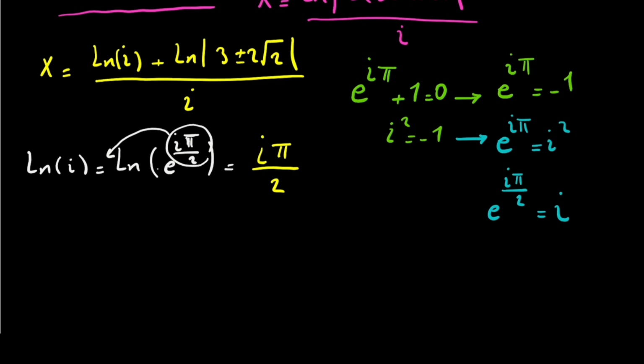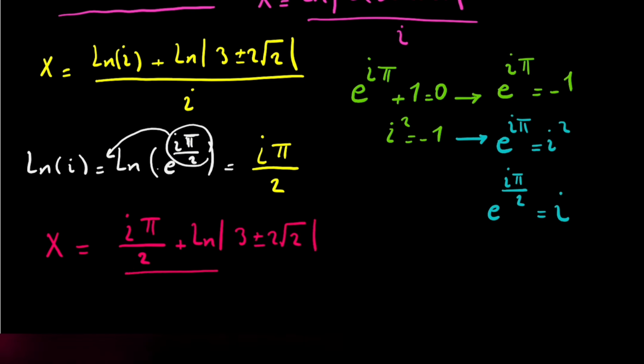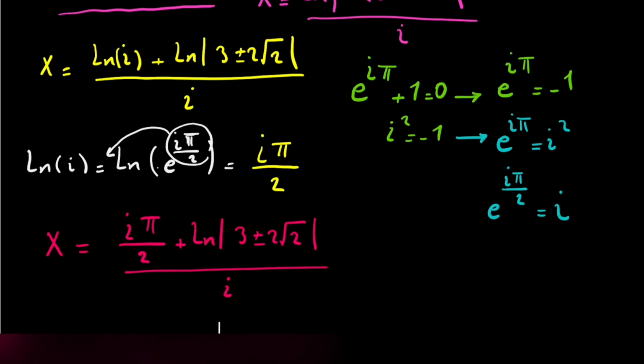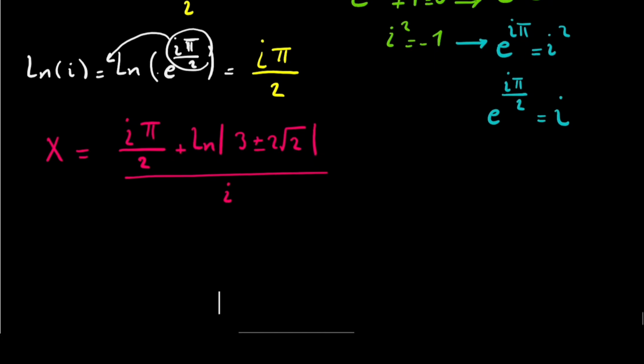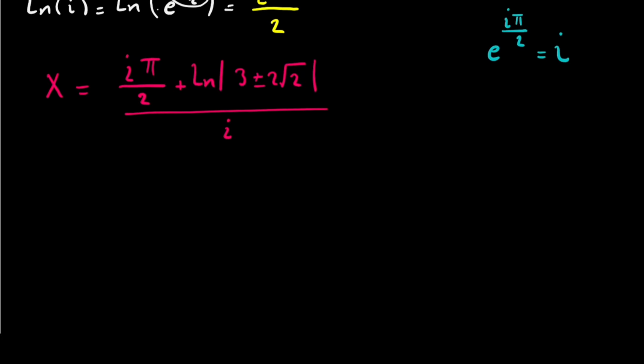So let's find x. Finally we reach x. ln i was equal to iπ divided by 2 plus ln absolute value of 3 ± 2 times the square root of 2 divided by i. And of course we can delete i from the first side, from this one.